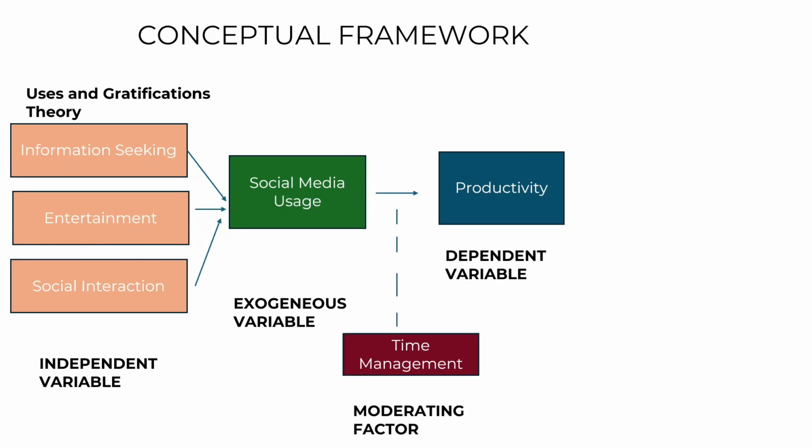However, time management, how the time is managed, would determine the strength of the final outcome, which is productivity. So whether social media would lead to a high level of productivity will be determined by the strength of the time management. That's just an idea of how you can play around different factors and theory.